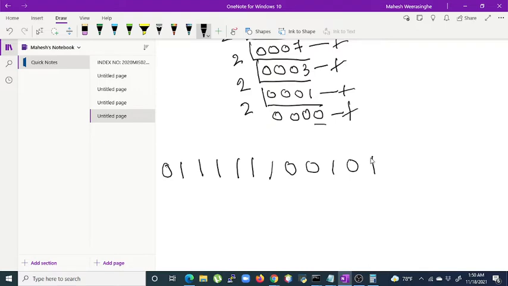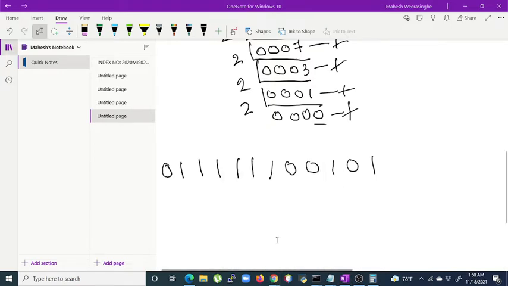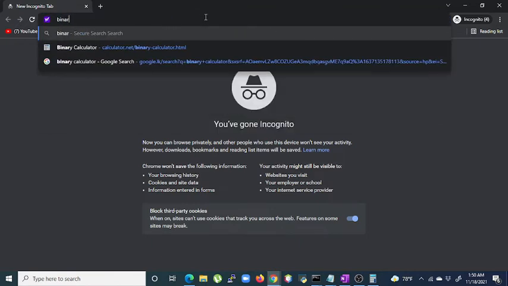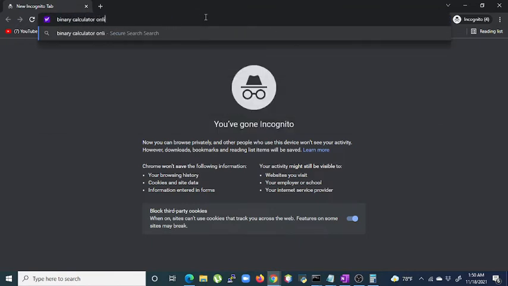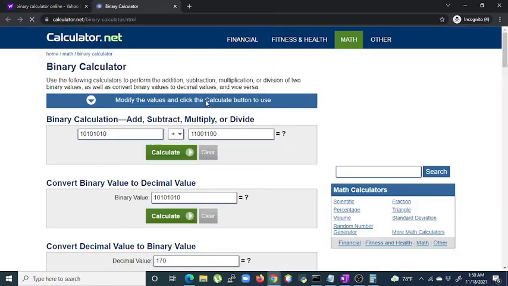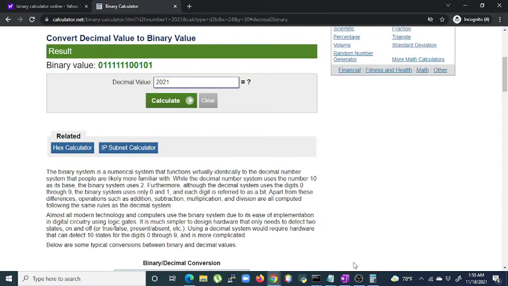If you have a doubt, let's double check this with an online binary calculator. Let's enter 2021 and calculate the value.